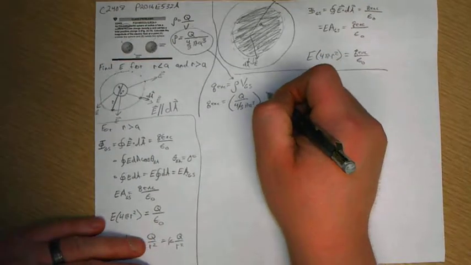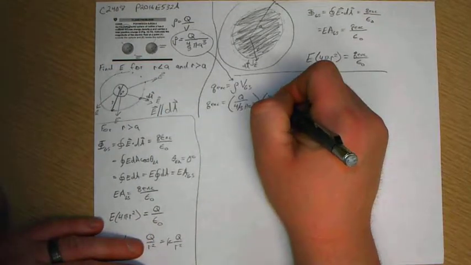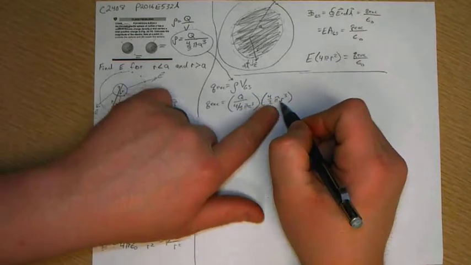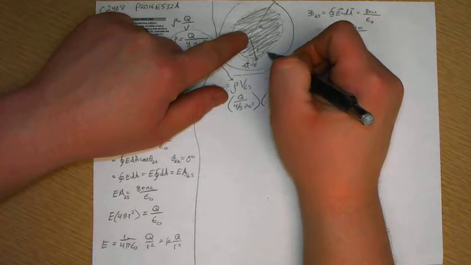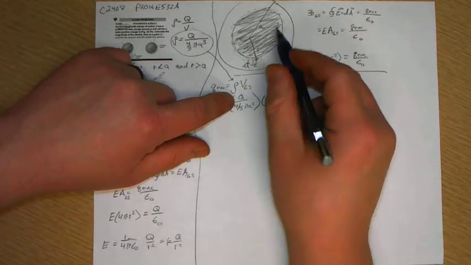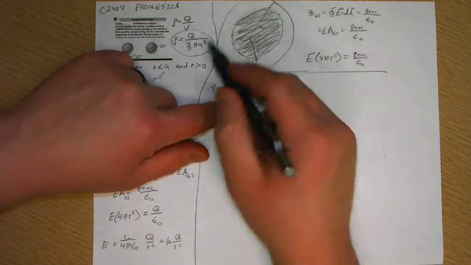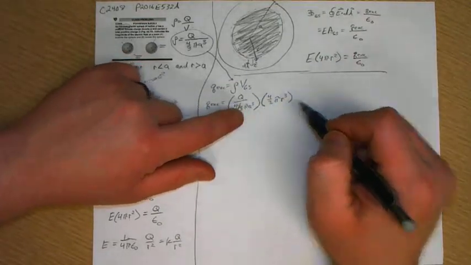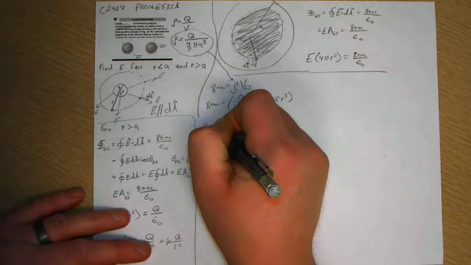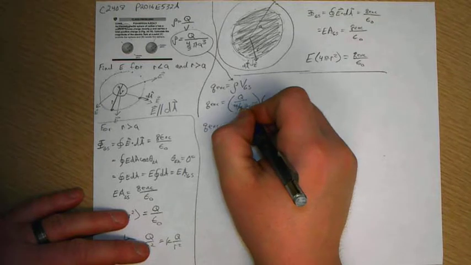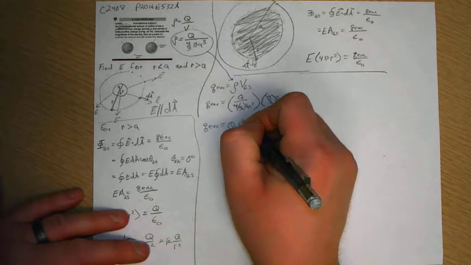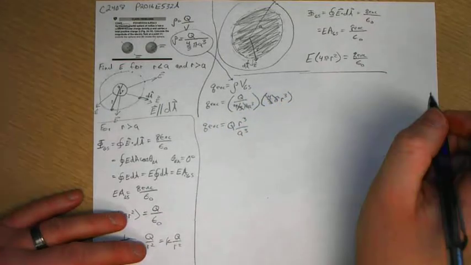And then we will multiply that times the volume of the Gaussian surface, which is 4/3 pi r cubed, because this is only the radius of the Gaussian surface that we draw, and we have to define the density as the total charge divided by the total volume using the total radius A. Well, a lot of stuff cancels out. The 4/3, the pi, so I'm left with Q r cubed over A cubed.